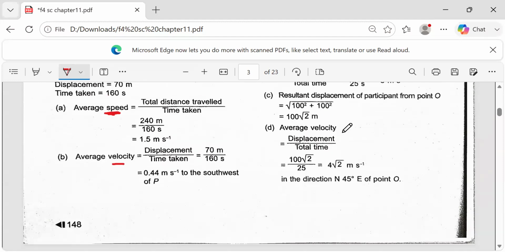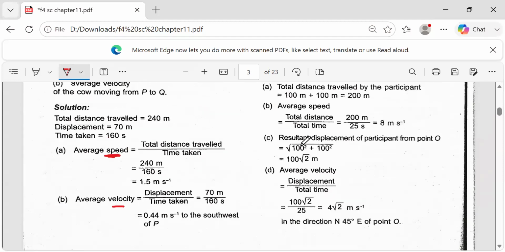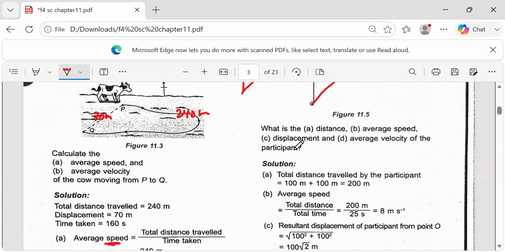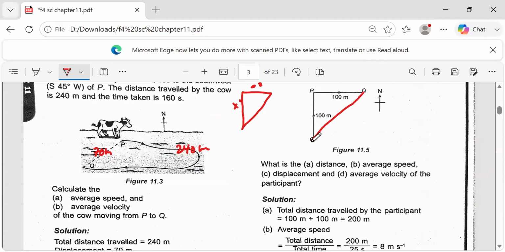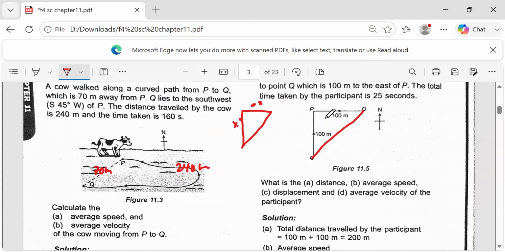So basically, you can find the distance. It's 100 square plus 100 square, and then square root.